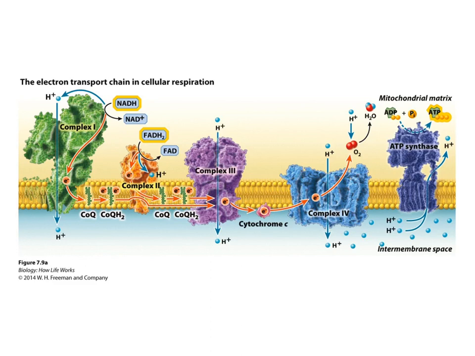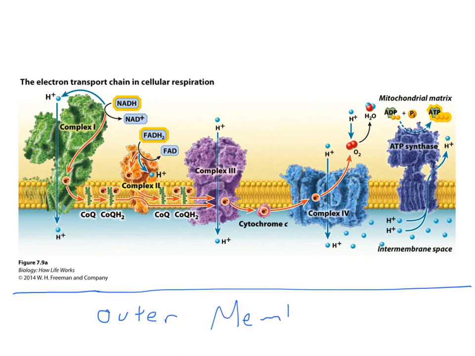The other aspect of our mitochondria is that there were two membranes, and so there's a membrane here, which would be our outer. Our electron transport chain is in the inner membrane, and there's a space in between. It's called the intermembrane space, or the space between the two membranes.